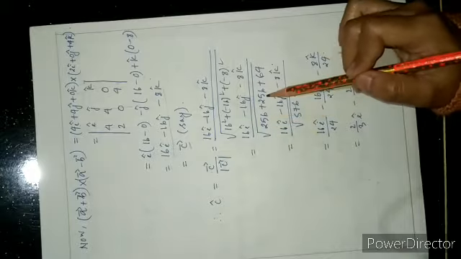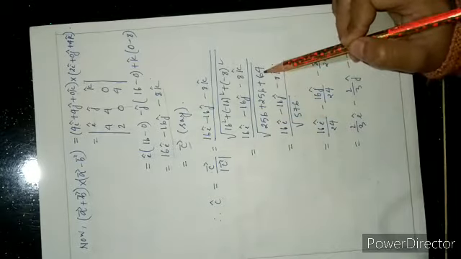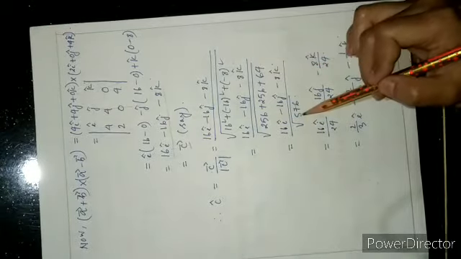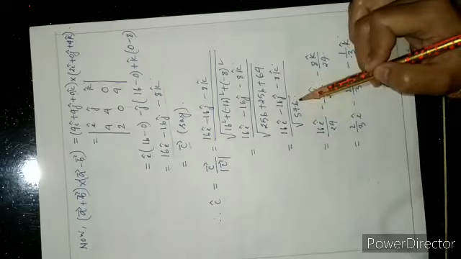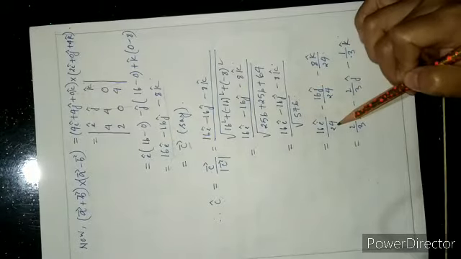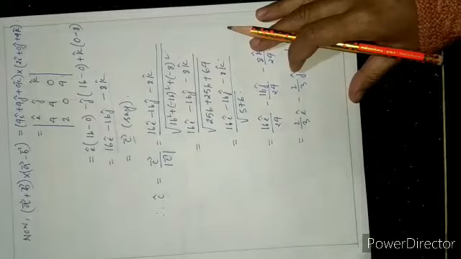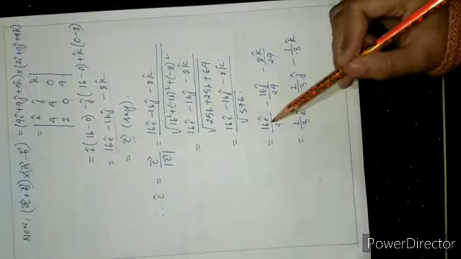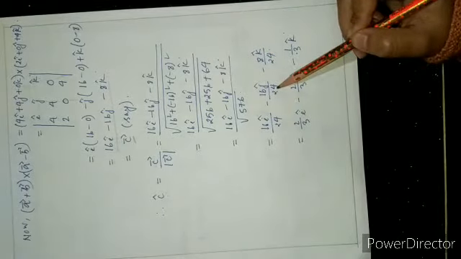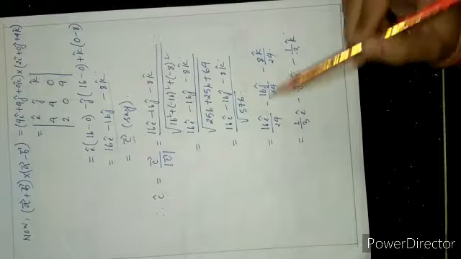16 square is 256, 256, and 8 square is equal to 64. Their sum is 576. 576 is the square of 24. Then write 16 by 24, minus 16 by 24, minus 8 by 24.